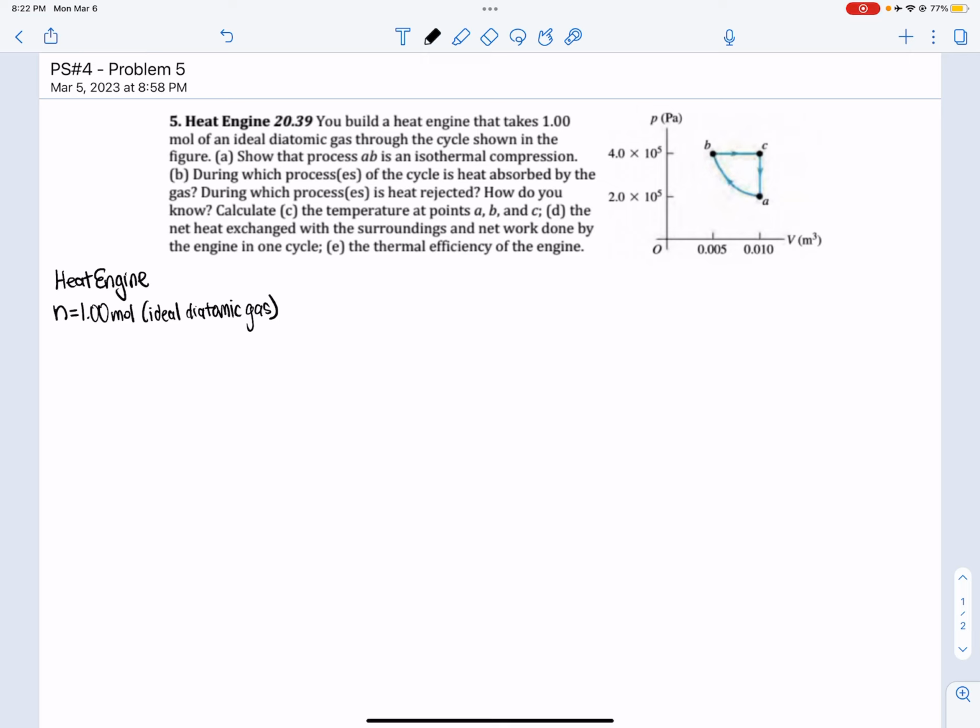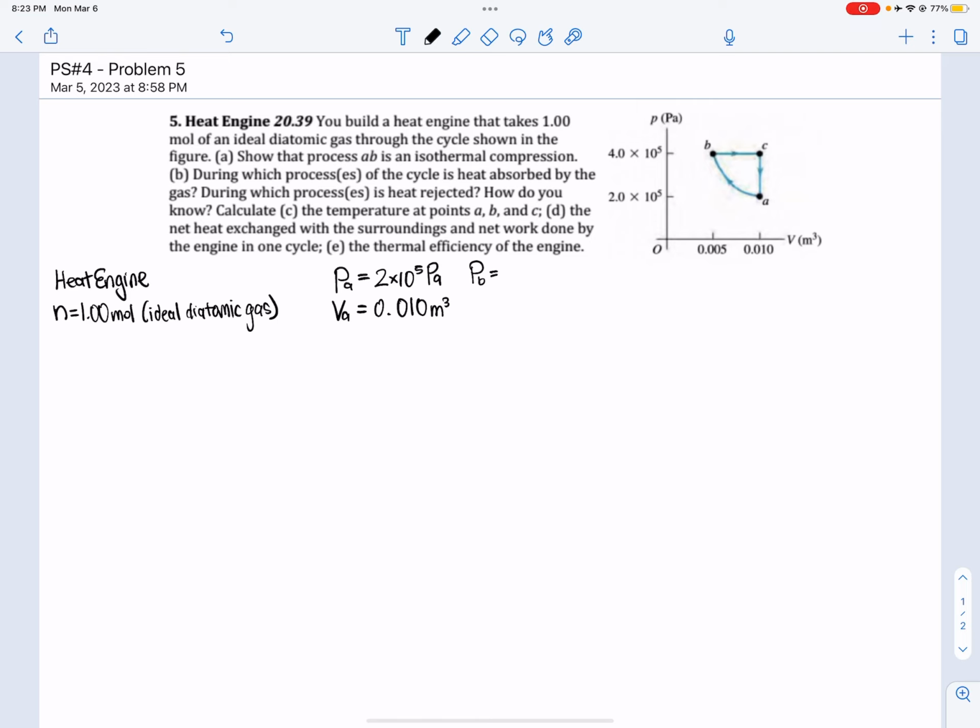Well, let's look at our PV diagram to the right. We know that at state A, the pressure at A is 2 times 10 to the 5th pascals. The volume at A is 0.010 cubic meters.